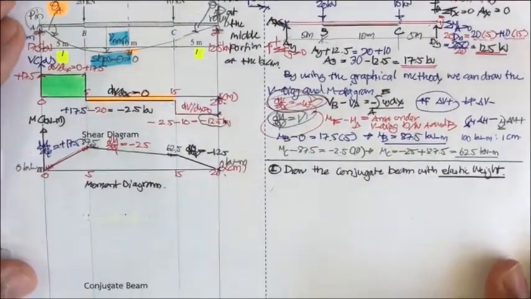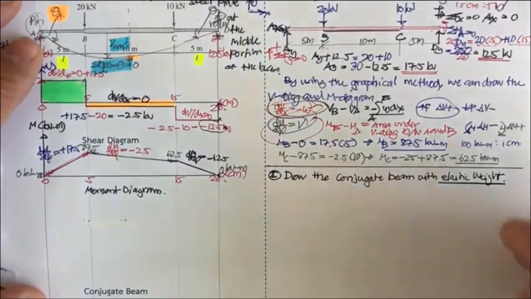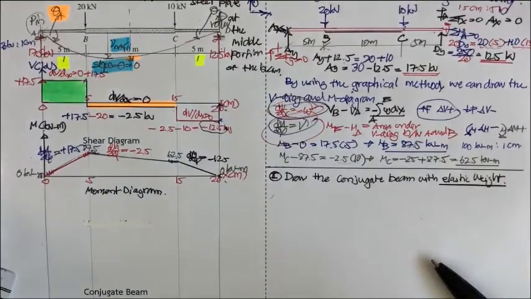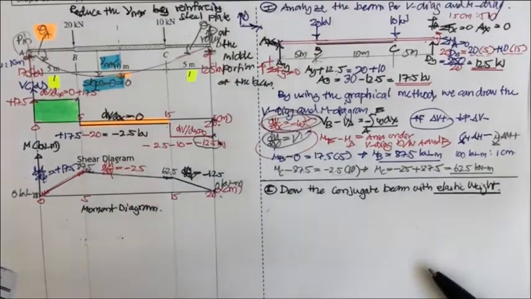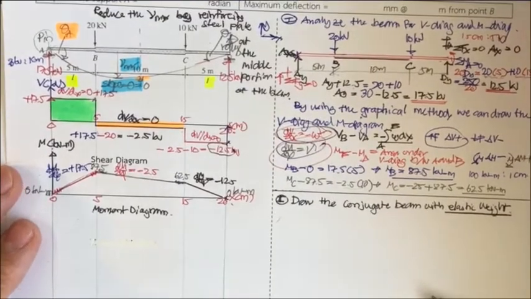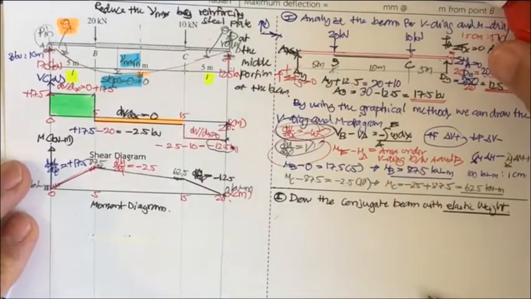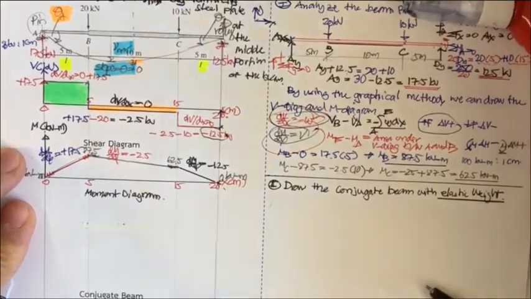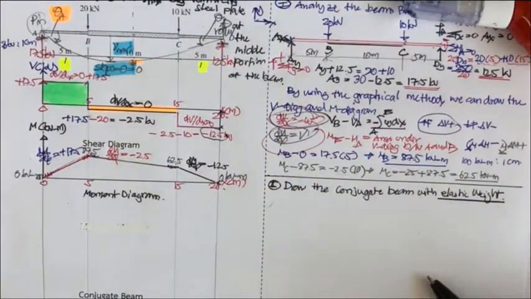Okay, we have the beam there, and what we have is a simple beam, and we know that for drawing the real beam into the conjugate beam, we have to change something. Just review.